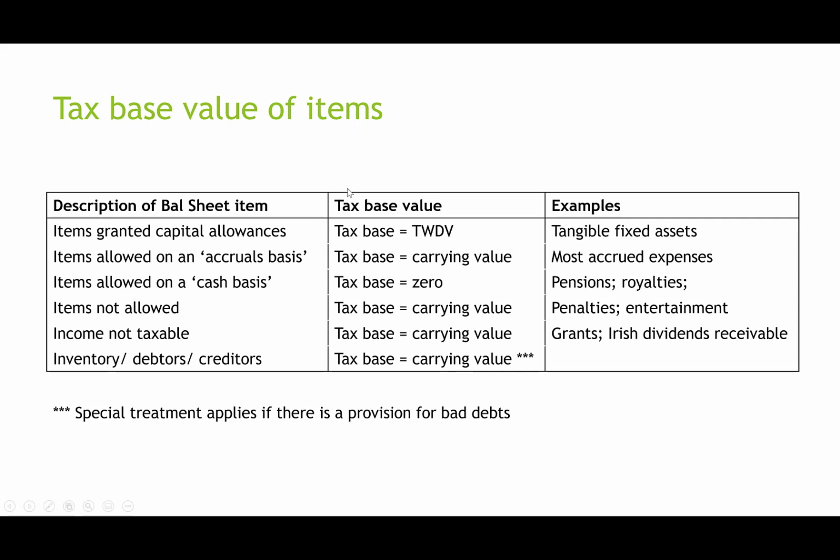So just to look at the key points again, the tax base value is set out in the middle column here, and the nature of the items that these tax base rules apply to is described in the first column. So for items granted capital allowances, the tax base is the tax written down value. That covers most tangible fixed assets.